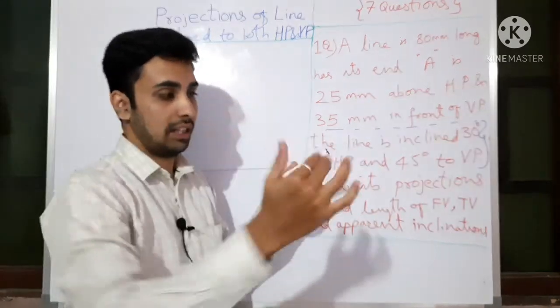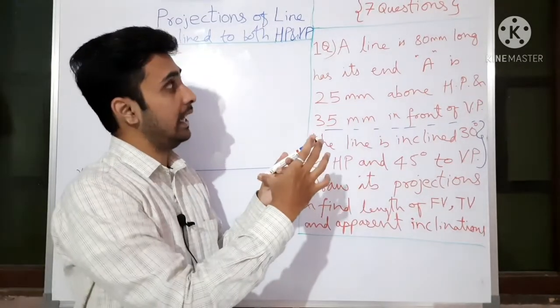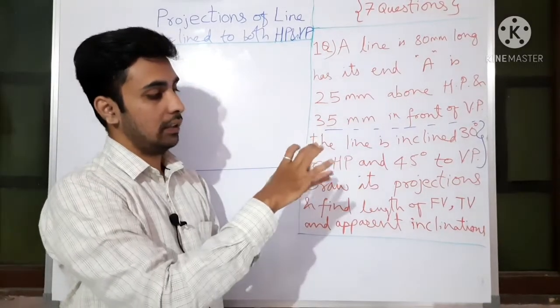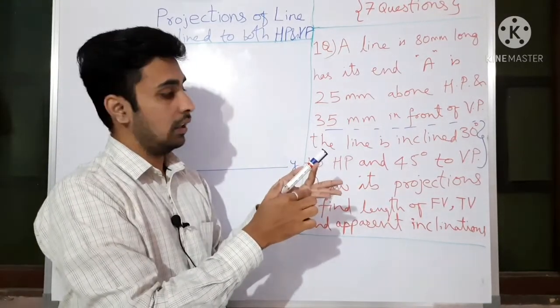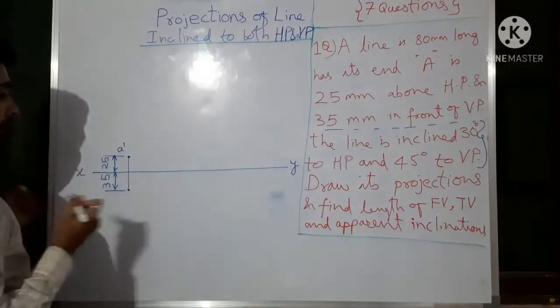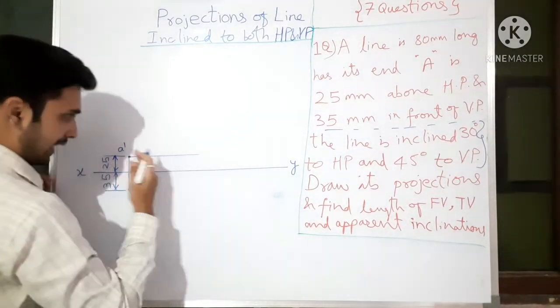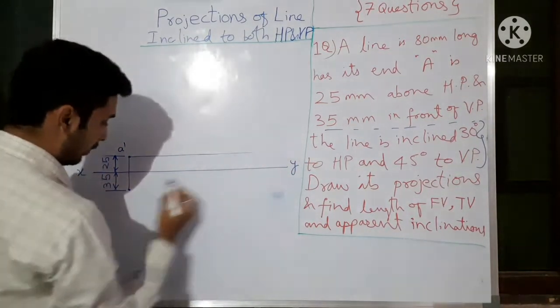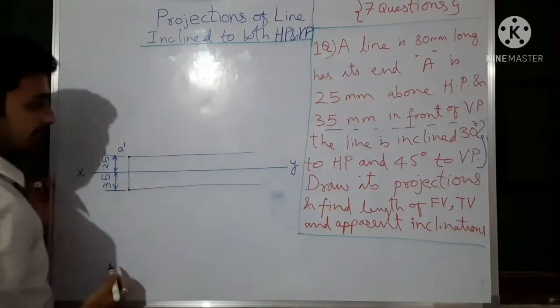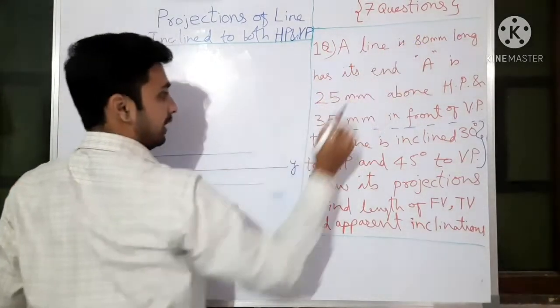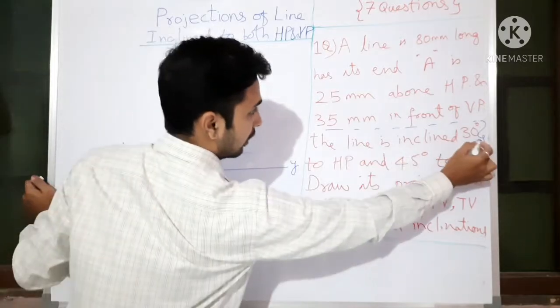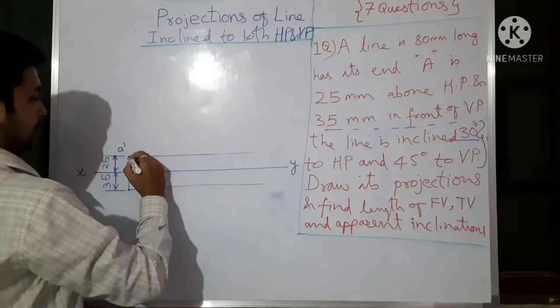So from there if you see the line how it is, 80 mm long line at 30 degree you are able to see. So simply from this you take any length, just construction lines, thin lines, 80 mm long line at 30 degree.